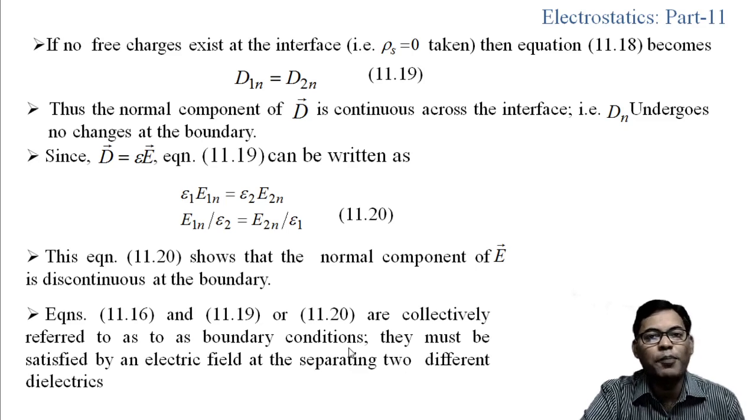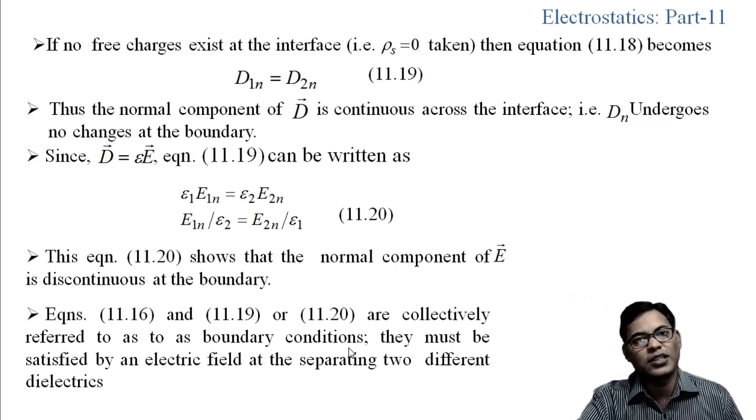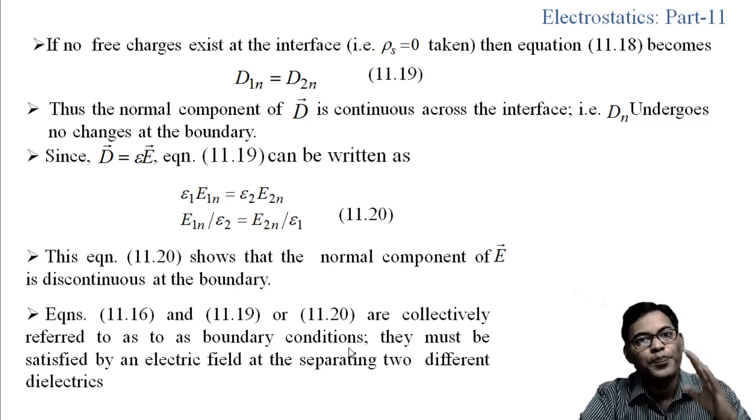So these are the boundary conditions which need to be satisfied, and we have derived them, so we know the boundary conditions. So if the information about the electrostatic field in medium 2, that means the dielectric 2, is known to us, then we can easily calculate the electrostatic field in medium 1.